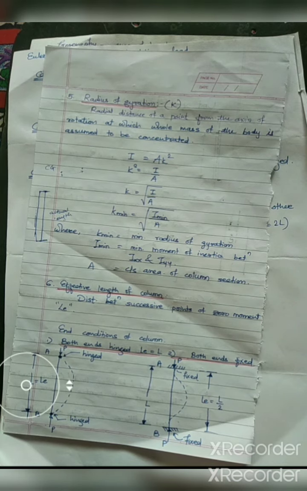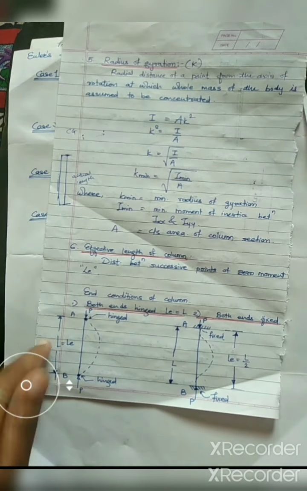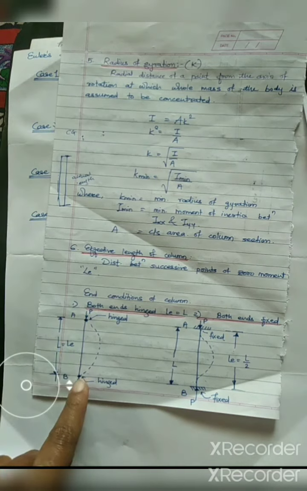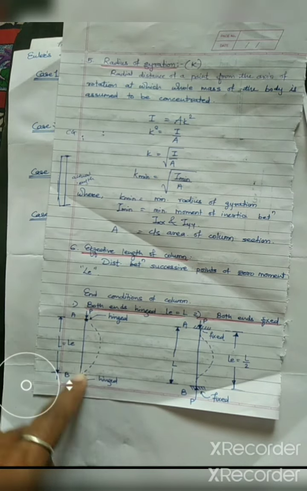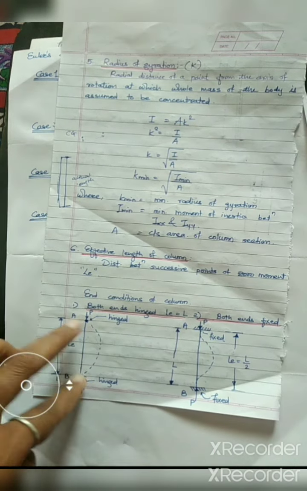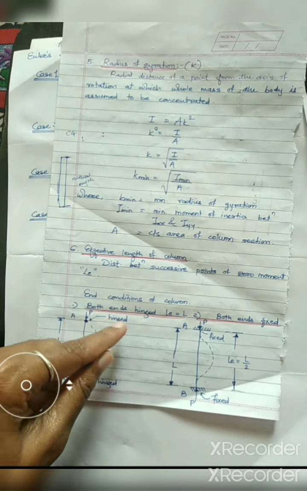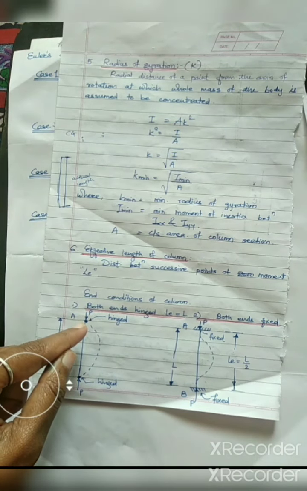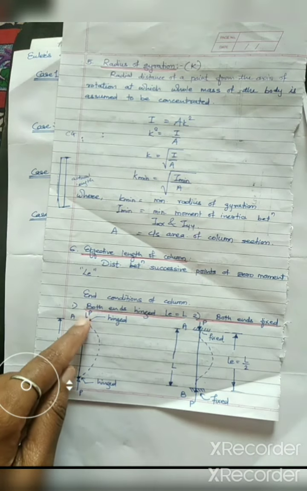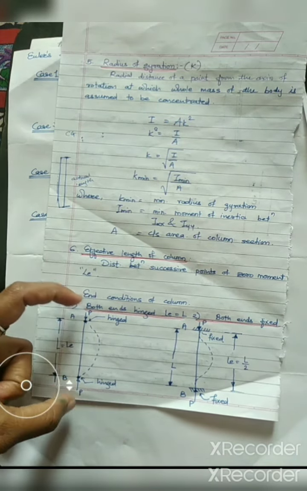This diagram explains both ends of the column are hinged. This line represents the column. These 2 points are the 2 ends of the column. The dot represents the hinged condition, so a hinge is represented symbolically by a dot. And P, these are the 2 P forces, that means compressive forces.